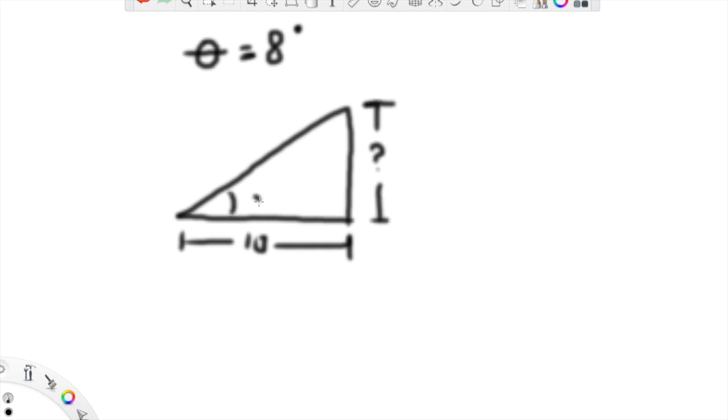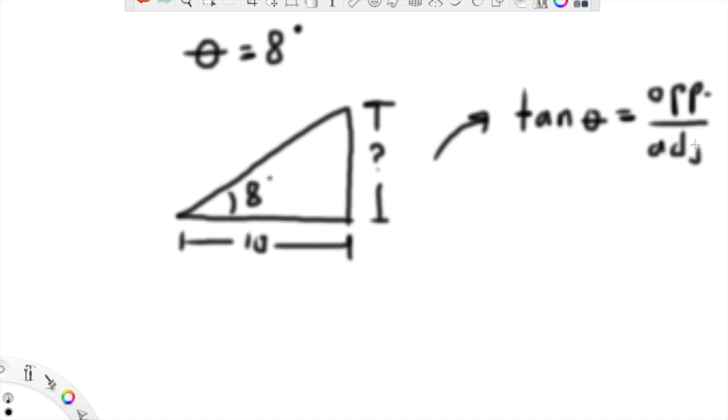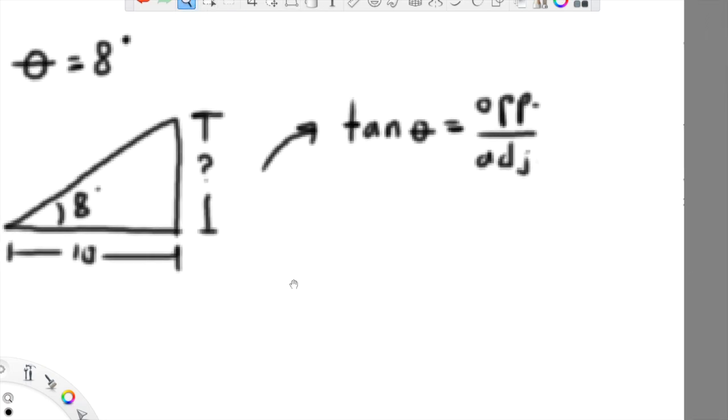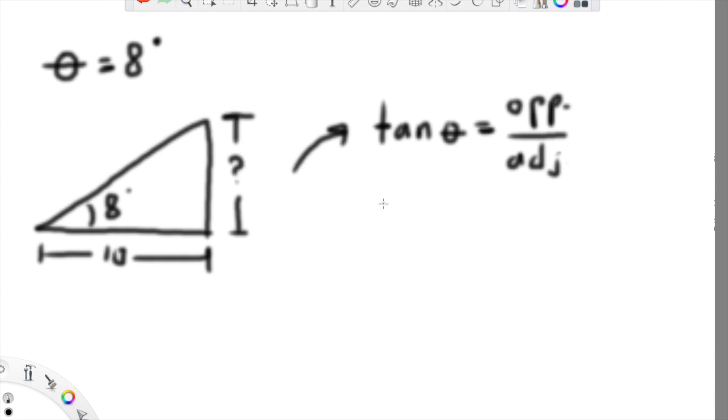By drawing this triangle, which is based on the camera above, we will get the formula tan theta equals opposite over adjacent. And if we plug in the known variables, we will get tan 8 equals opposite over 10 meters.